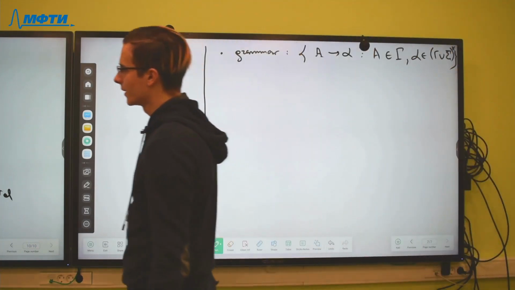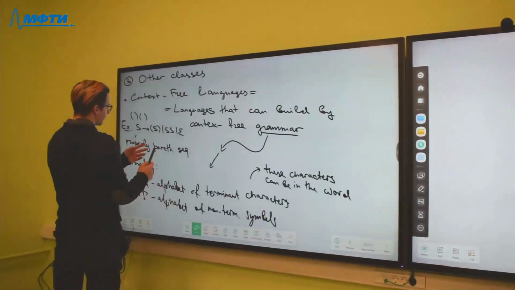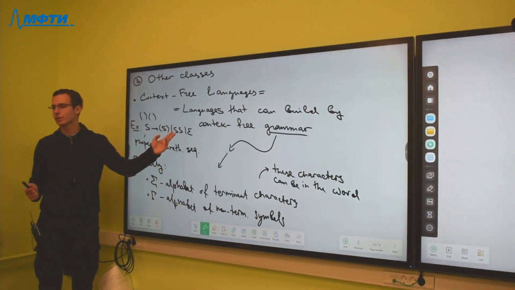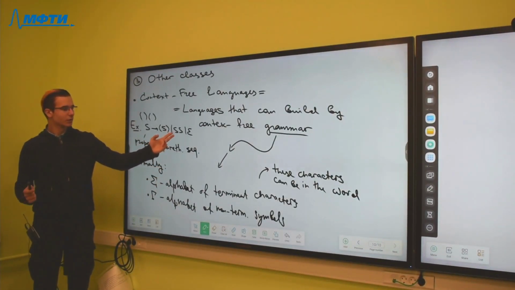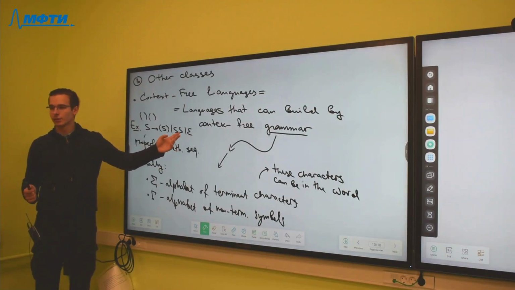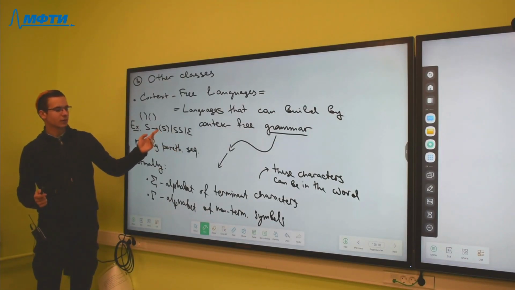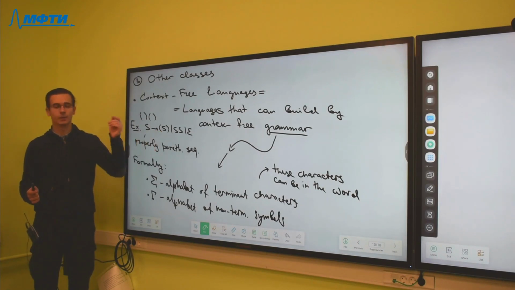As you see here, we can use only non-terminant symbols or epsilon, or use non-terminants and terminant symbols too.